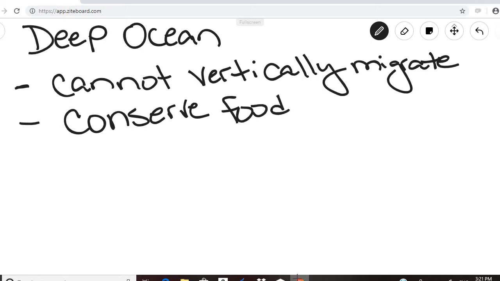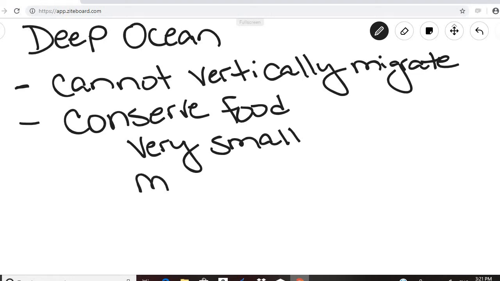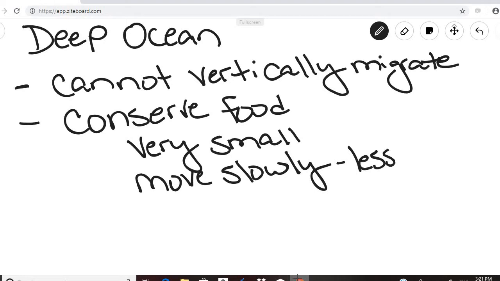So generally, these organisms are very small. They move slowly because it takes less energy to move slowly than if you're moving fast.